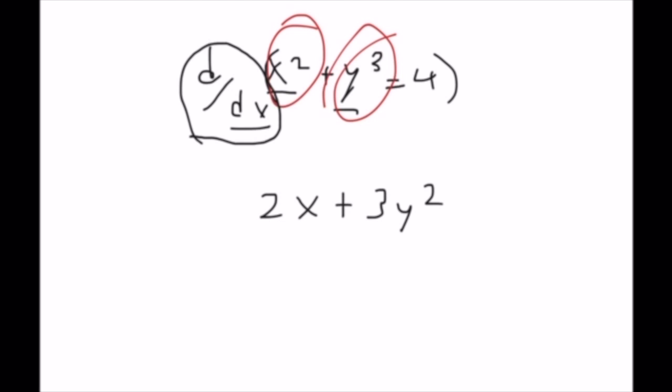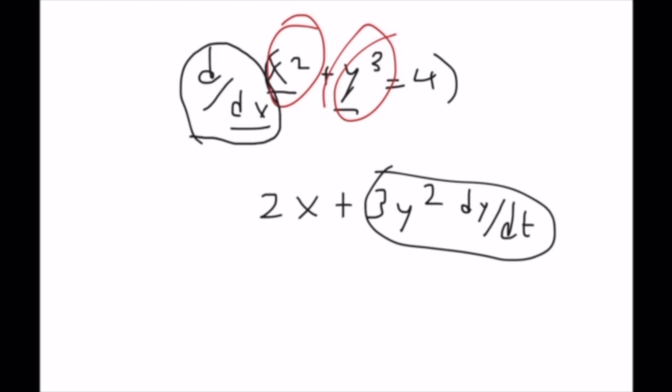However, now we need to add dy over dt, because it's in terms of x, but we found this in terms of y. So we need to add that dy over dt. Now equals, and you should know by now the derivative of a constant is just 0.